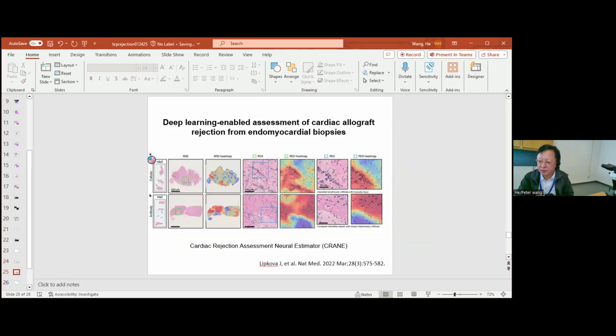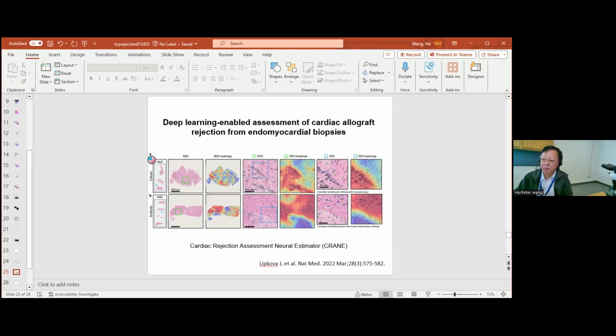Over the years, pathology, including cardiovascular and transplantation pathology, does evolve. As I'm sure everybody knows, we are talking about imaging and digitally assisted pathology. This applies to cardiac pathology too.